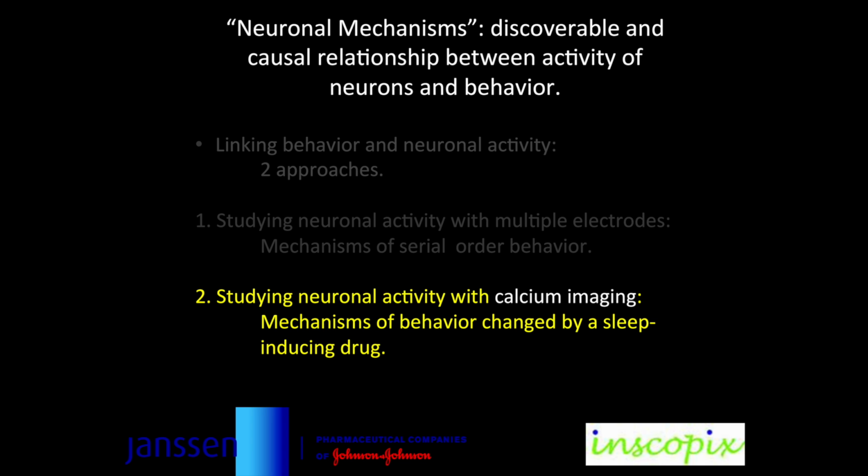The first question we are usually asked in presenting this project is why a big pharmaceutical company, Johnson & Johnson, would be interested in investigating basic neuronal mechanisms of certain behaviors. Well, the answer is obvious: if you don't know what the mechanisms are, you cannot develop treatments for that.